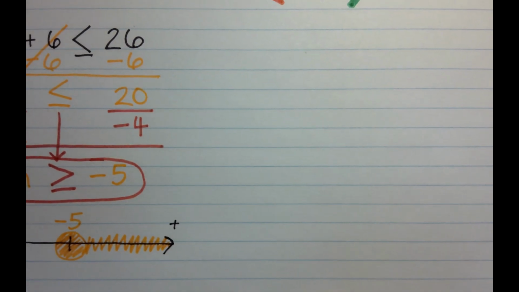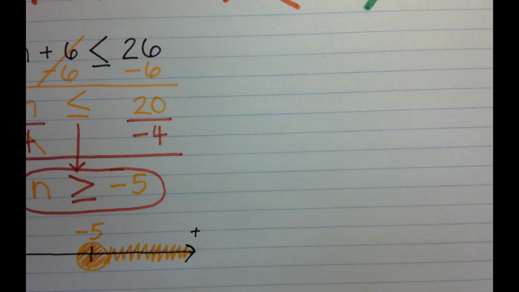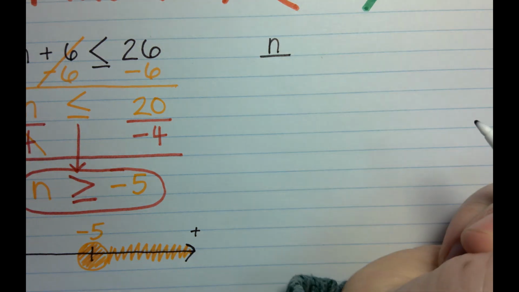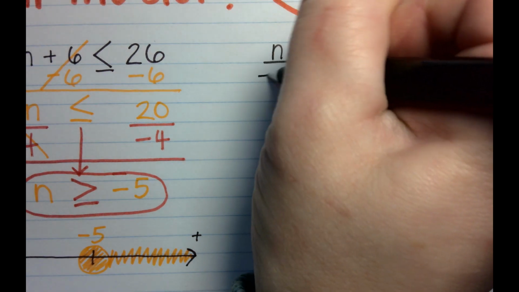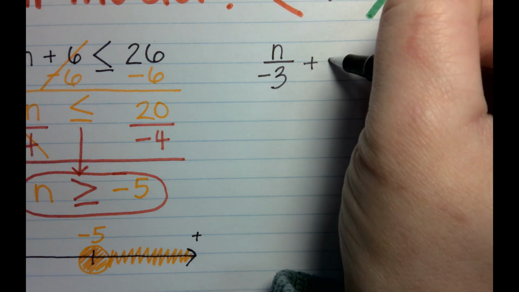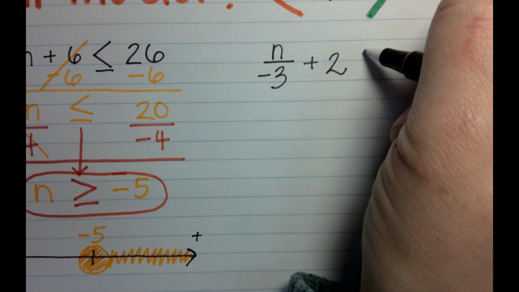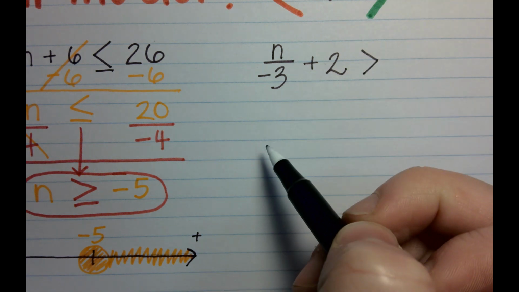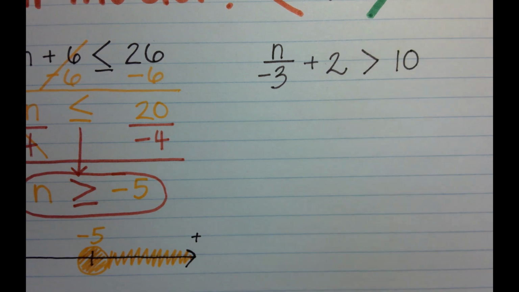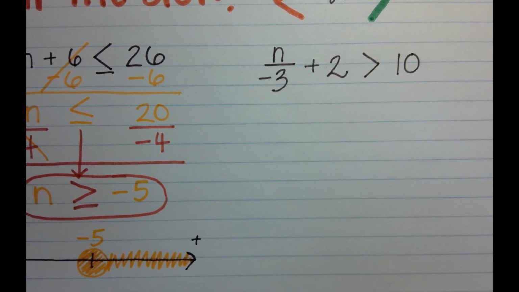This time, let's do n divided by -3 plus 2 is greater than 10. N divided by -3 plus 2 is greater than 10.